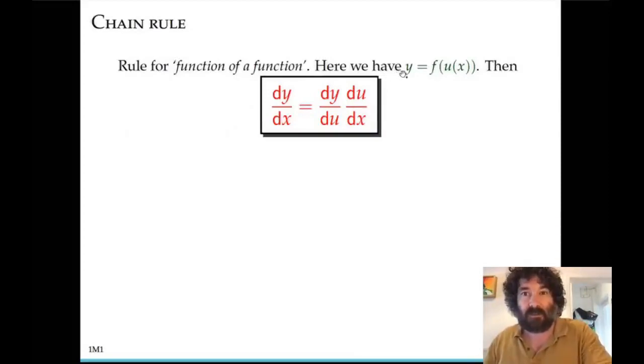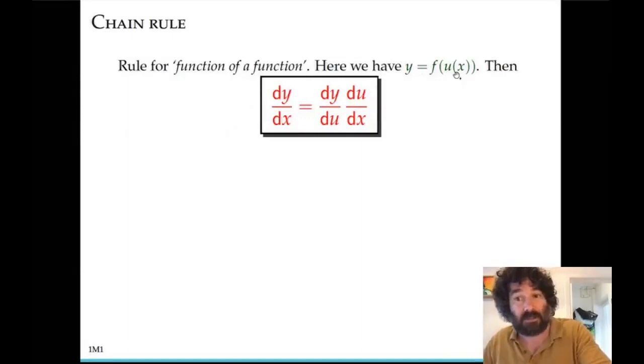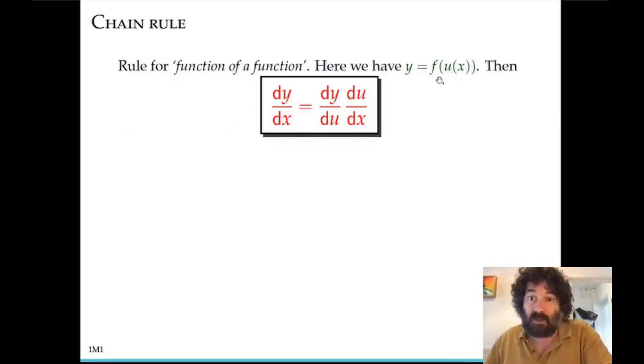So if the function is a function f of u, and then u is in turn a function of x, it's called a composition of the two functions, u of x and f of u. And the formula for the chain rule, when we want to take a derivative of a composition of functions, is really best expressed using the Leibniz notation. So in the previous two cases, we used the Newton notation for the derivative with the prime, and the chain rule is really best expressed with the Leibniz notation, the dy dx.